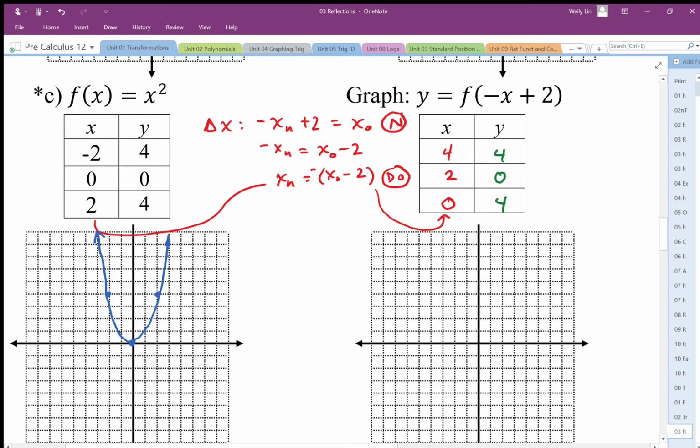Now the parabola is symmetrical, so when we flip it, it's going to still look like a U, but the main thing is if we can track the vertex, we can see exactly what happened. So we should shift to the left and then flip, so we should end up on the right hand side. So when I graph these points, 4 over, 4 up, there's a point there, 2 over 0, 0, 4, there it is.